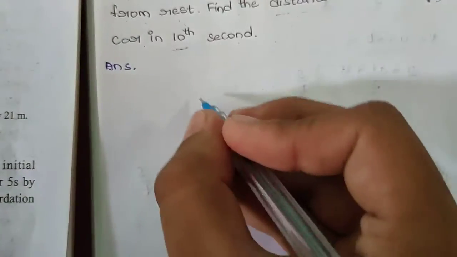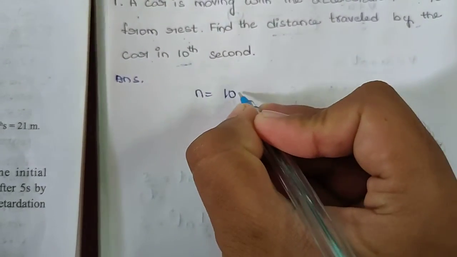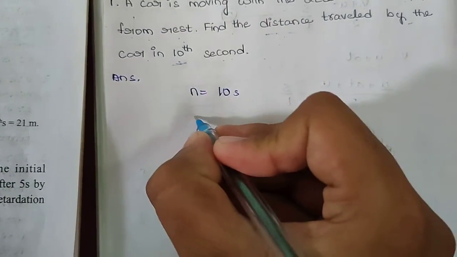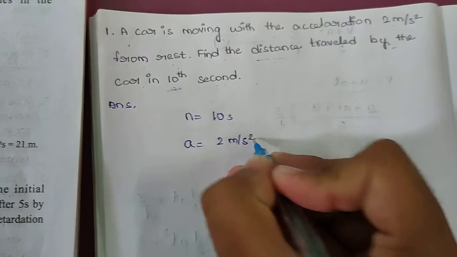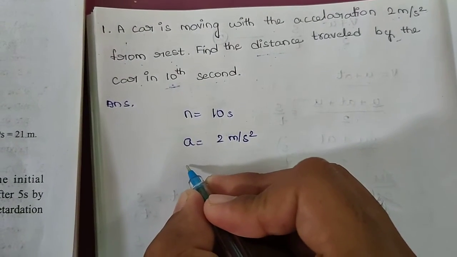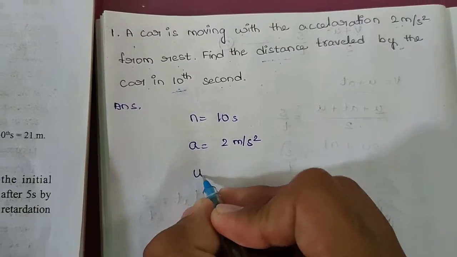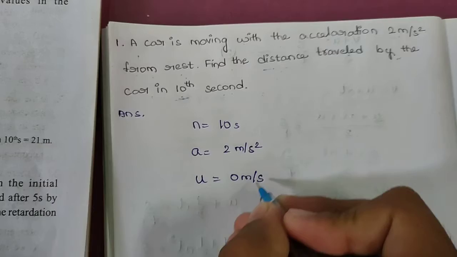So n is given as 10 seconds, the 10th second. Now a is given as 2 meter per second square acceleration, and he has not mentioned any velocity, so we are considering the initial velocity as 0 meter per second.